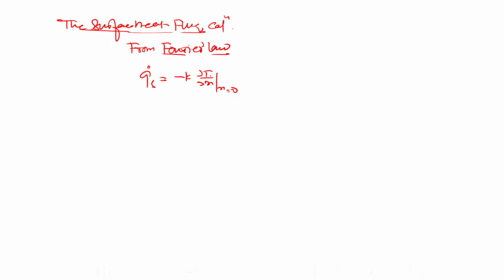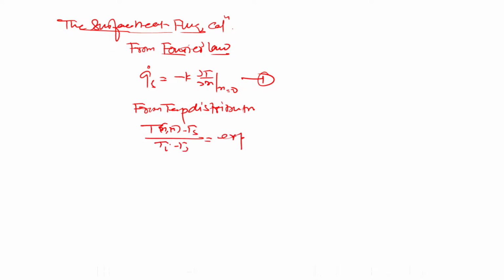So from the temperature distribution, we have seen here temperature as a function of x and time, T minus Ts upon Ti minus Ts, is equal to error function of eta. So from this, please solve.